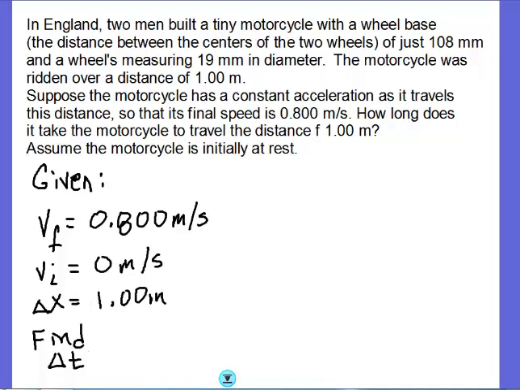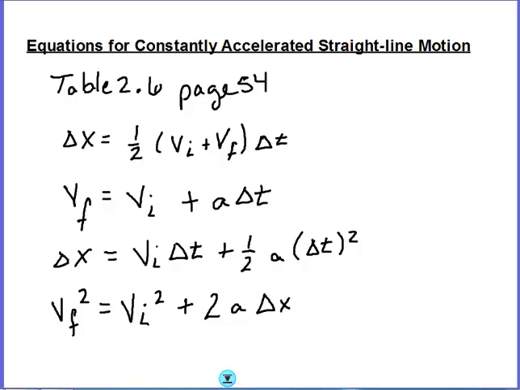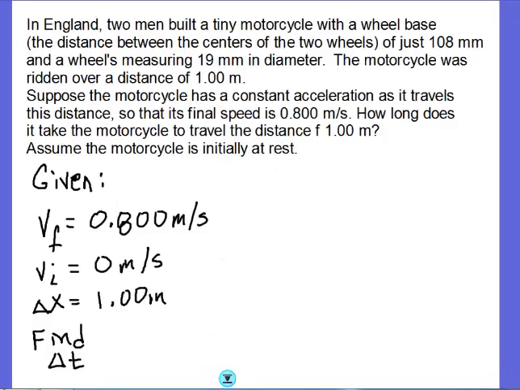So looking at the equations from the previous slide, I've got final velocity, initial velocity, and delta x, and I want to find delta t. So it should be an easy giveaway to use this first equation, because the other ones contain acceleration, and we haven't really talked about acceleration on this problem. So I'm going to use delta x is equal to 1/2 the sum of the velocities.